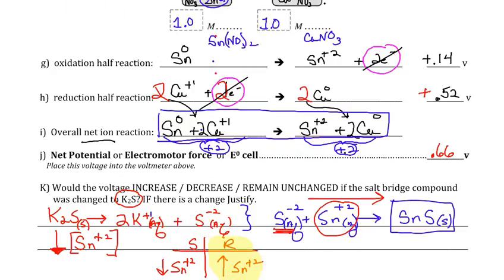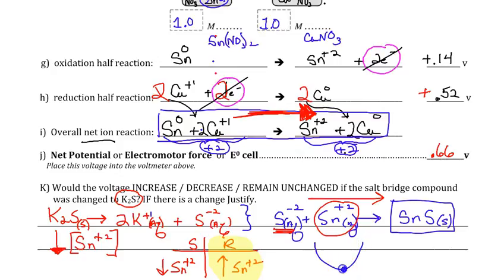So what is going to be that shift? Well, to make more Sn+2, it shifts to the right. Right? Shifts to the right. So as we said in class, we have this little chart here.